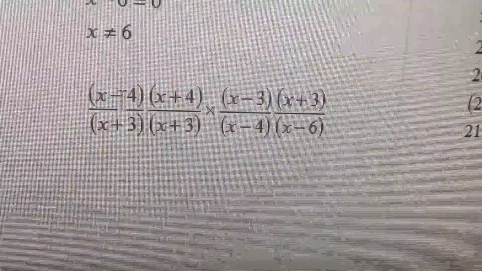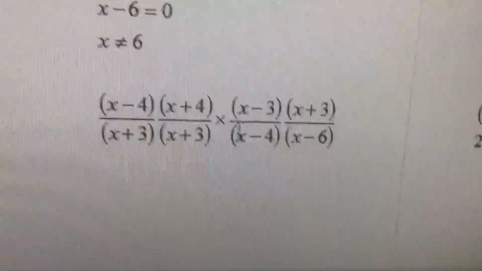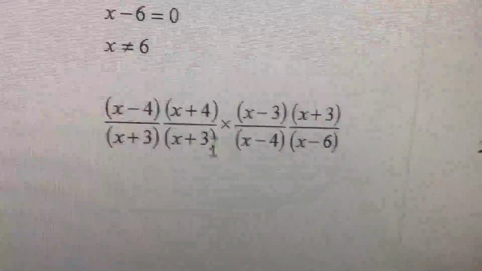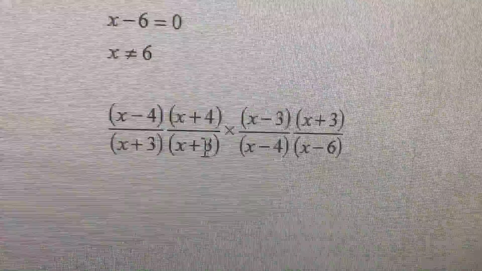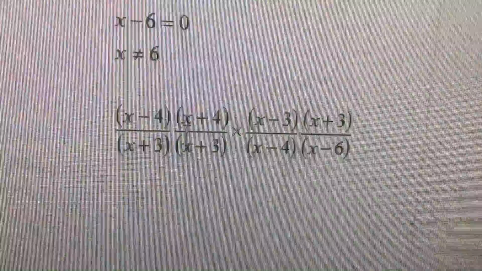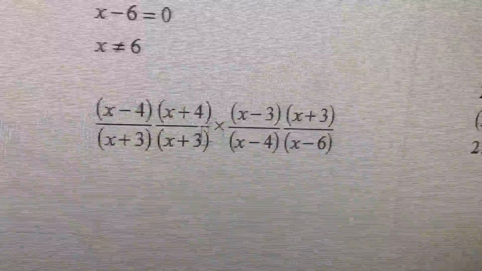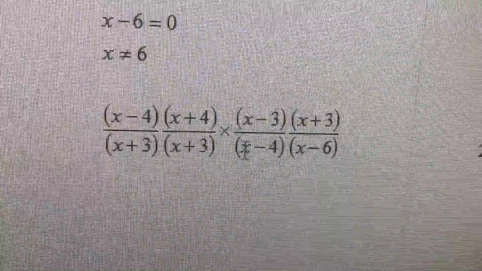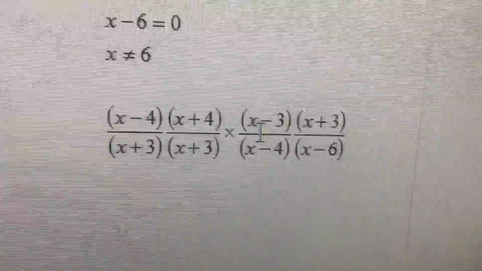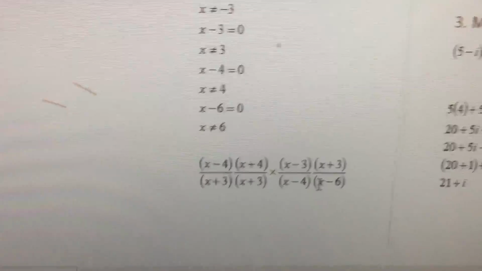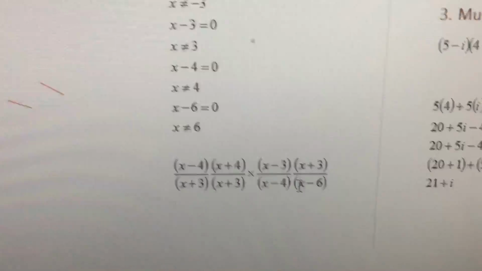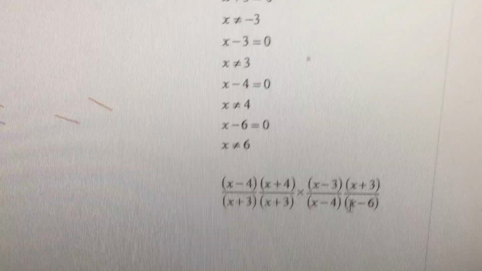So we're crossing off x minus 4 and x minus 4, and the x plus 3 and the x plus 3. That's all we're crossing off. The x plus 4 doesn't get crossed off because there's nothing else to cross it off with. Same with the x minus 3 and the x minus 6. Everything we cross off, we don't include in the next step. We just write the things that aren't crossed off.